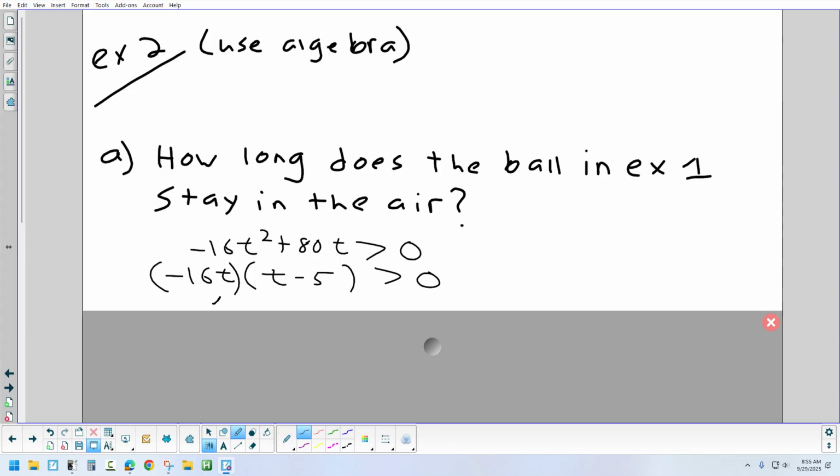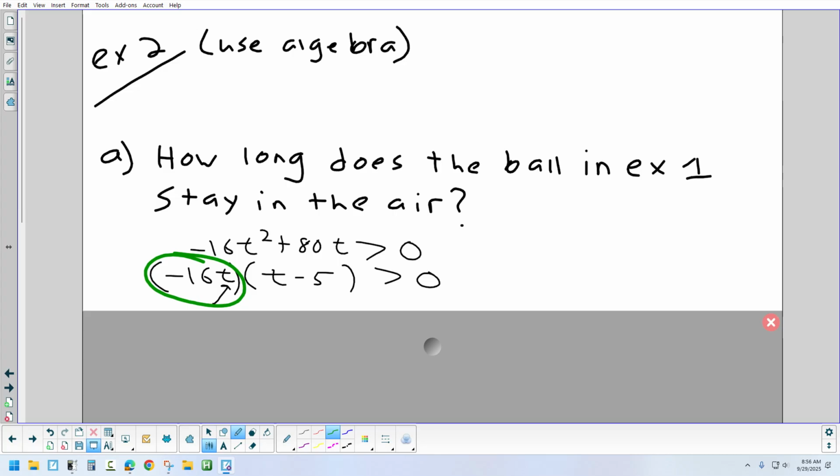If you plug in a number here that's always positive or 0, what kind of number is always going to result from that calculation? If you plug in a number for t that's positive or 0. And let's say positive, because technically we want the ball to be in the air.